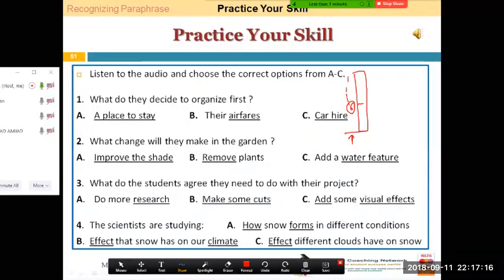So don't waste this time looking at these answers. Instead, just enter section 2 and try to look at those questions.